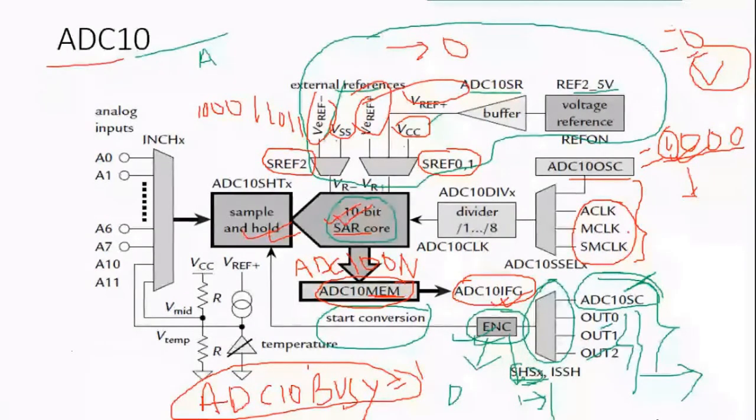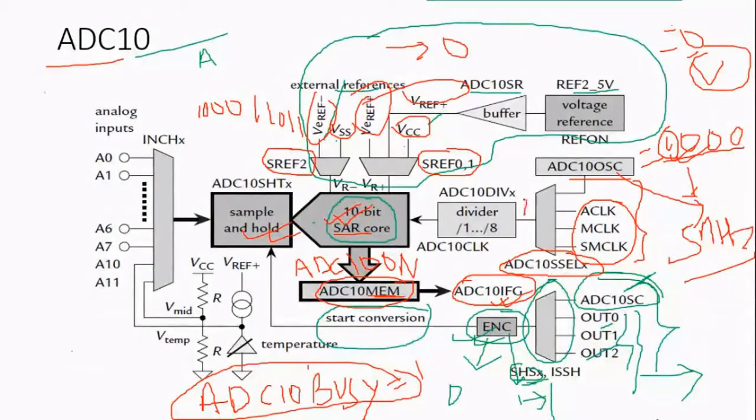And next is ADC10OSC, which is a fixed 5 MHz frequency. With the help of the ADC10SSEL bits, we choose any one of the clocks.